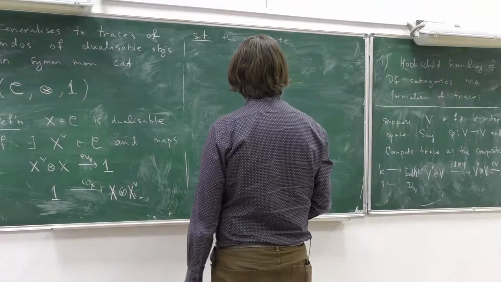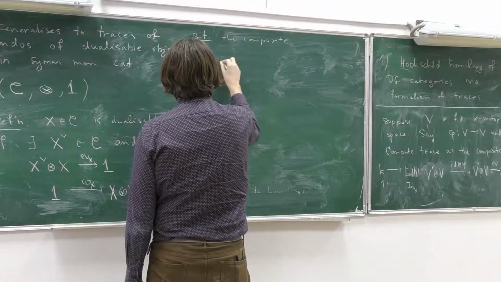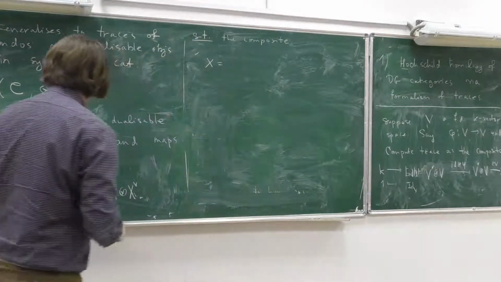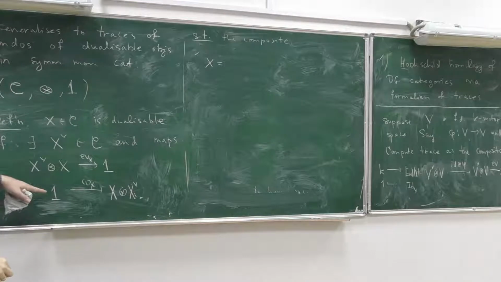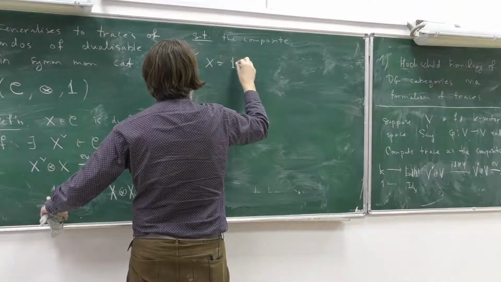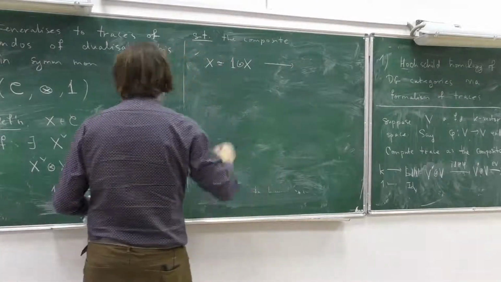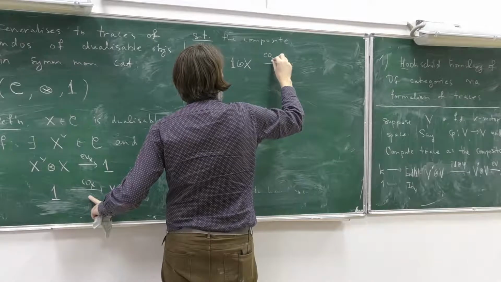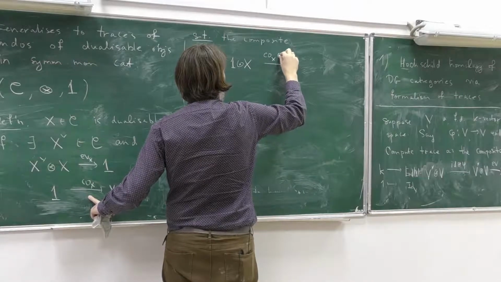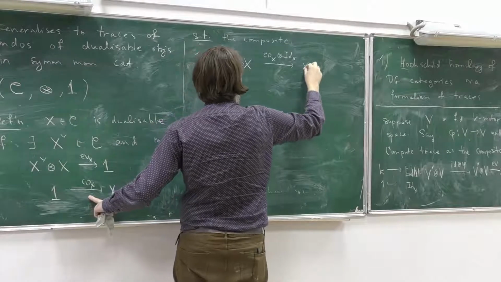So the composite x, which is what? I said tensor this on the right. So this will be 1 tensor x. I'm tensoring the co-evaluation on the right. So I'll do nothing on the right-hand factor.